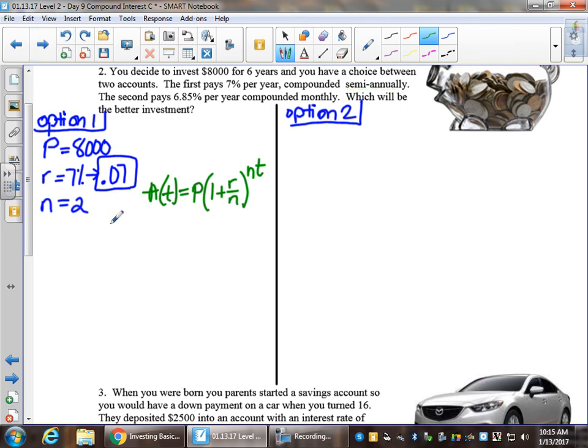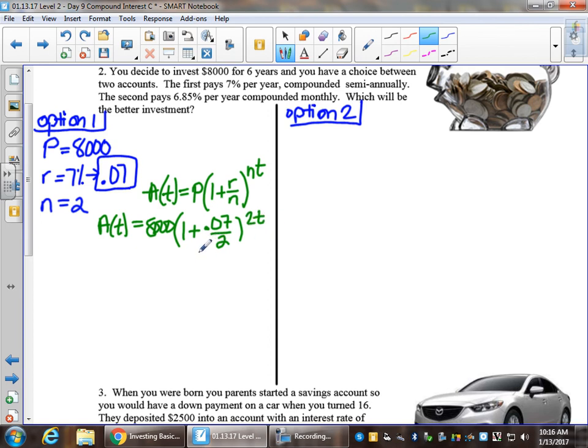So let's start building it. That'll be A of T equals 8,000 times 1 plus. Good, keep going. Raised to the 2t.